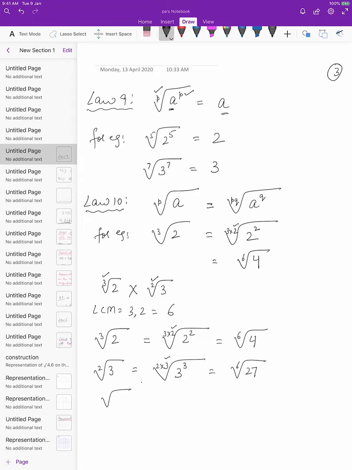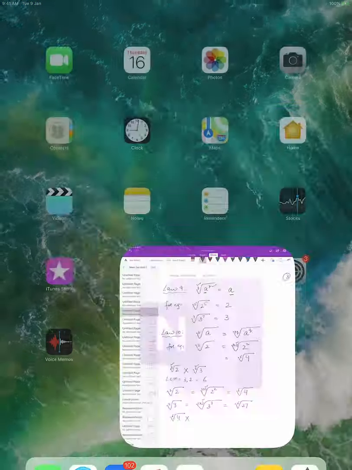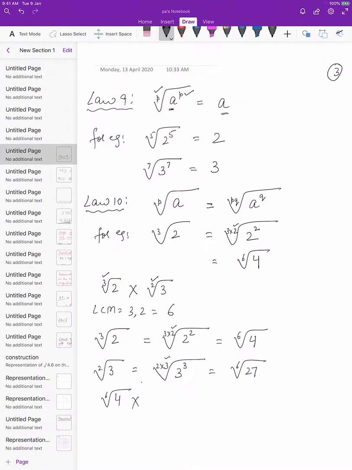And then these two numbers can be easily multiplied because they have the same order of the radical sign. So it can be written as sixth root of 4 into 27, that is equal to sixth root of 108.